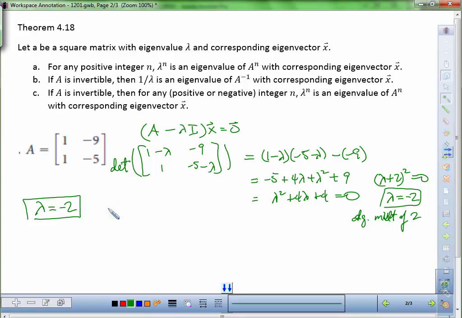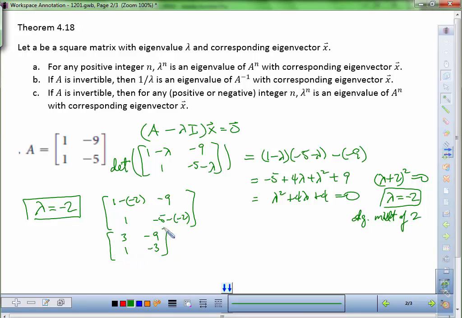So we have 1 minus negative 2, 3. Minus 5 minus negative 2 is negative 3. Is that right? So 3, minus 9, 1, minus 3.